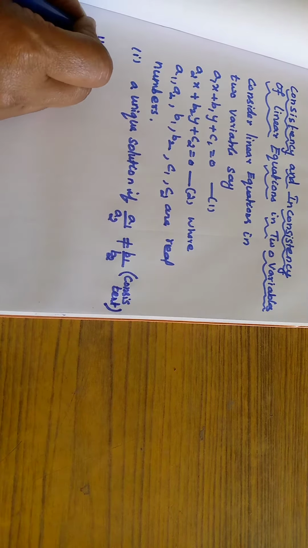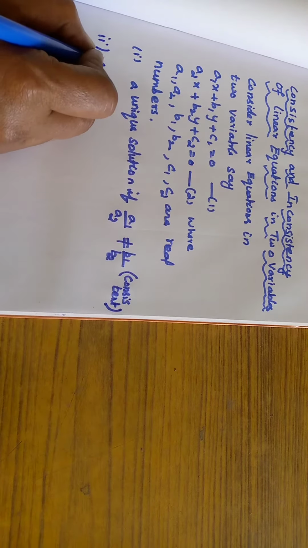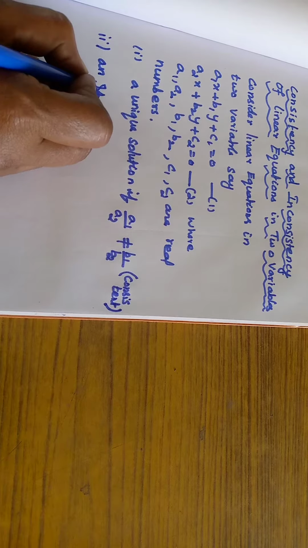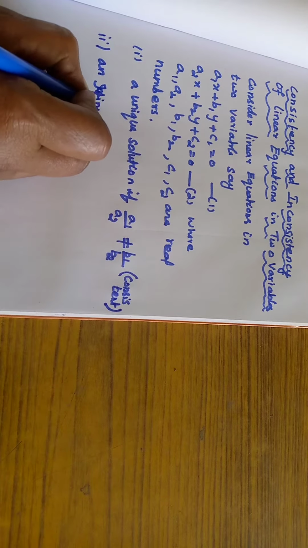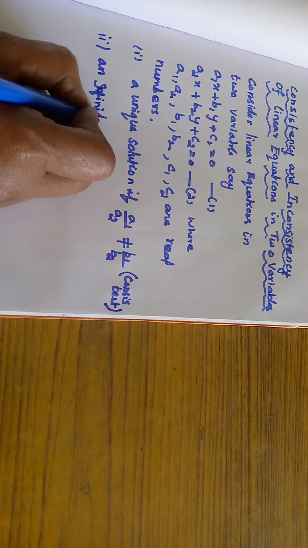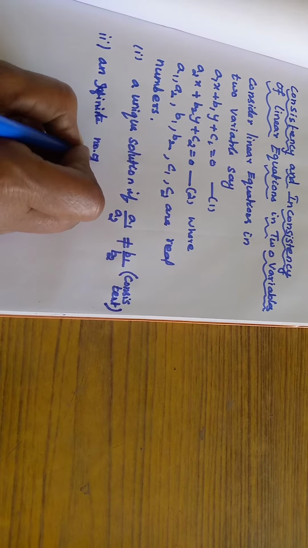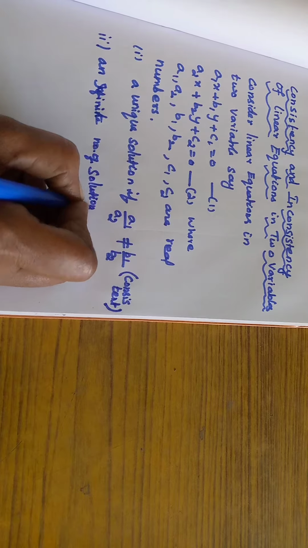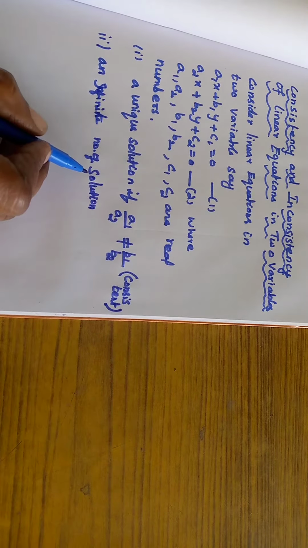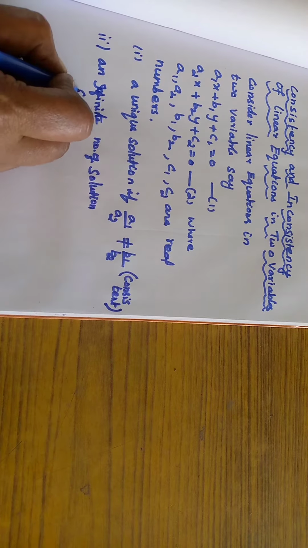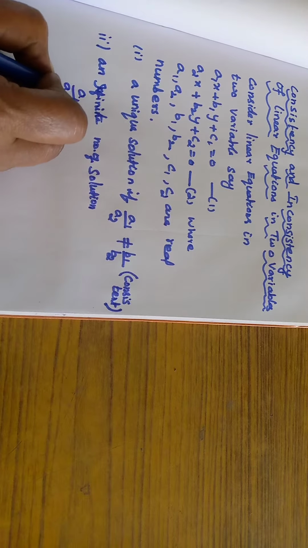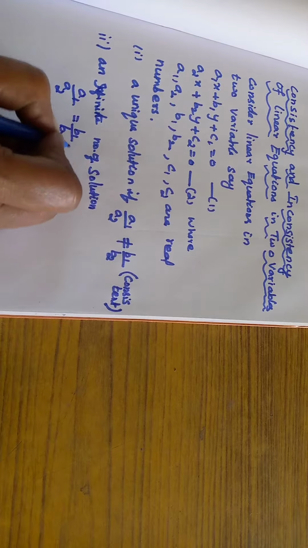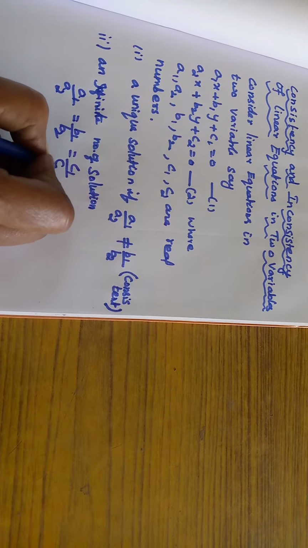Second condition, an infinite number of solutions. What is the condition for infinite number of solutions now? a1 by a2 is equal to b1 by b2 is equal to c1 by c2.